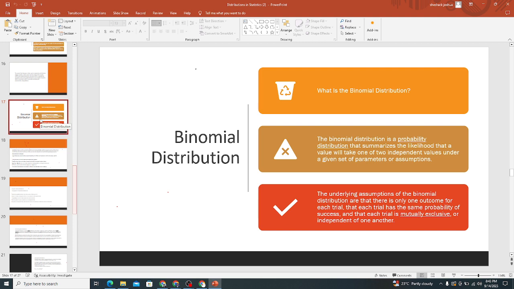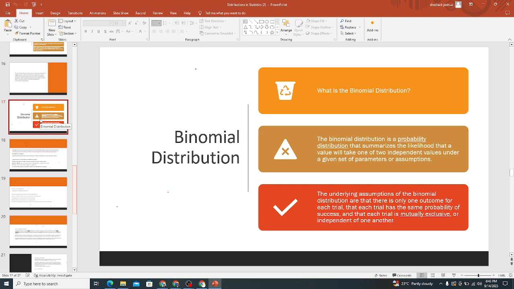So a binomial distribution, of course, has some properties. We know that each trial has the same probability of success and failure, and the occurrence of one trial does not affect the occurrence of the second trial.